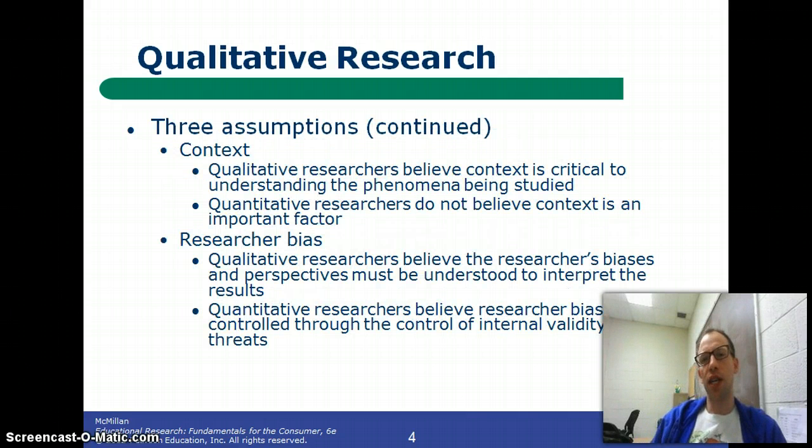Okay, another thing is context. So we talked about internal validity and external validity. The qualitative research would usually want to function in a natural context, and that's going to increase the external validity.